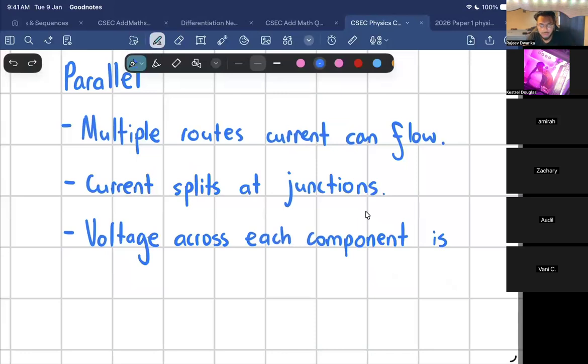So think, the voltage across each component would have to be the what? Exactly. Think about it. Would you want your fridge to get less voltage than your charger? Nah. Think about these things logically.